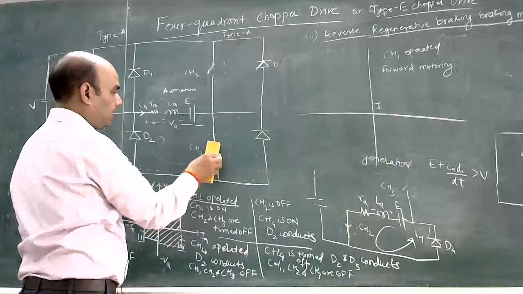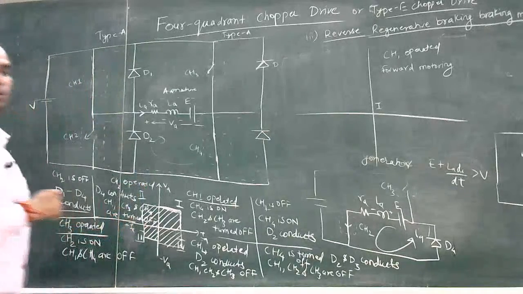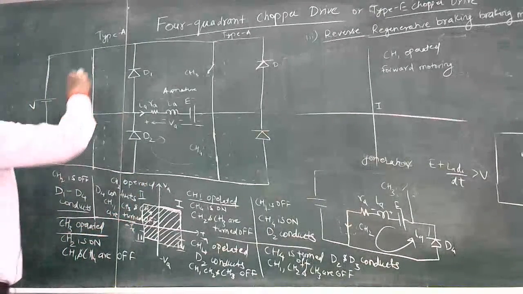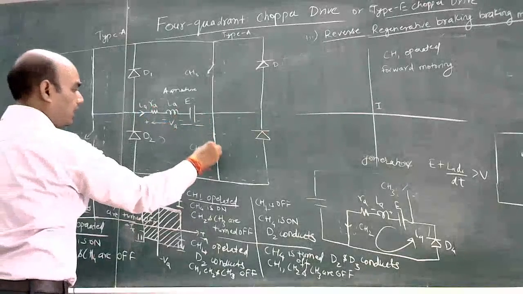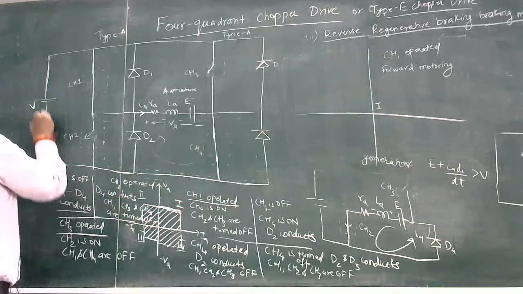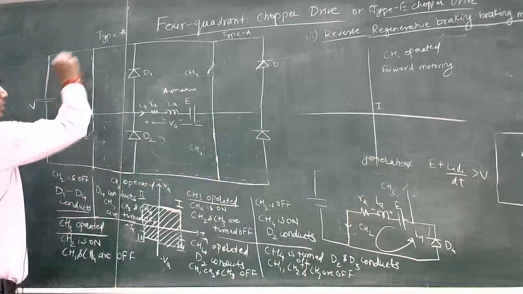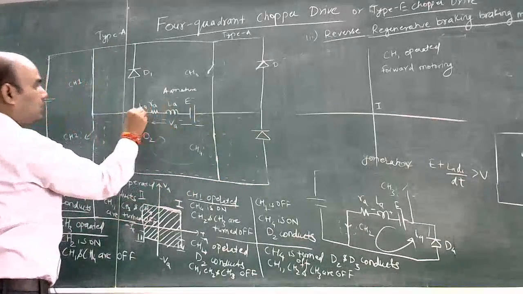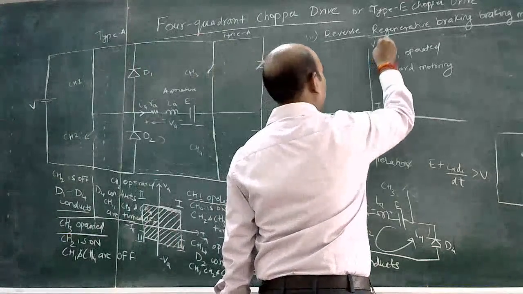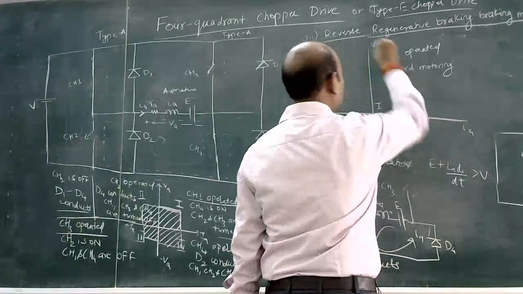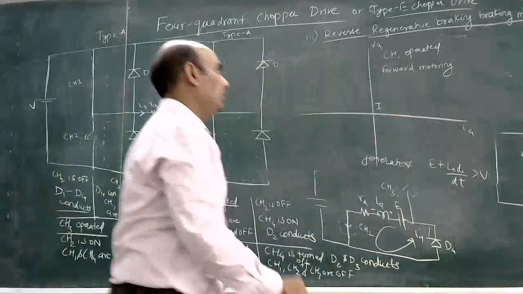So at that time CH4 is also turned on, and current will flow through the source, CH1, armature and CH4, and then goes back to V. This is the path for forward motoring. Current is going in the same direction which we have assumed. So here VA and IA are both positive. So this will work in forward motoring.